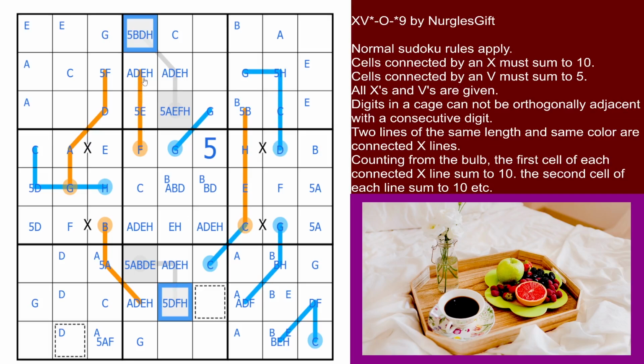So now what is this? ADH. No, I'm not getting anything.